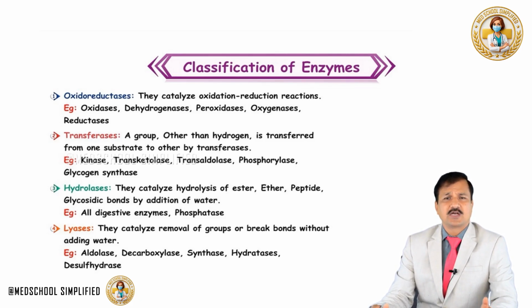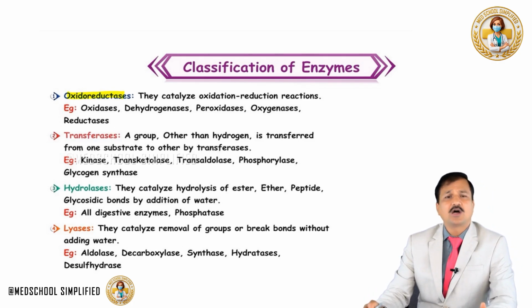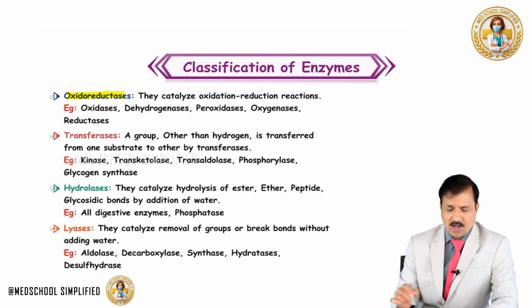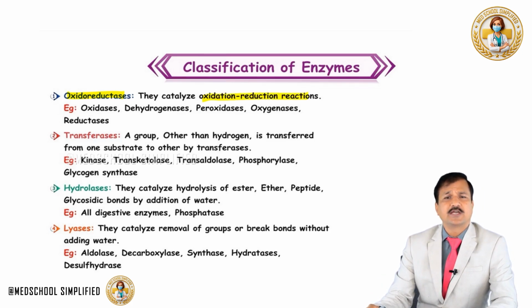Our very first class of enzyme here is the oxidoreductase class. As the name says, oxidoreductases catalyze oxidation-reduction reactions. As you know, oxidation is the loss of electrons and reduction is the gain of electrons.